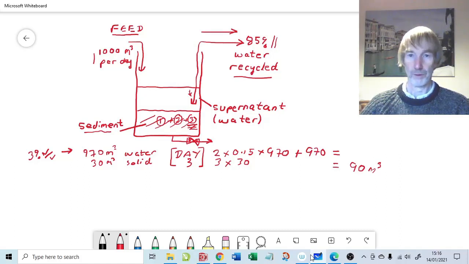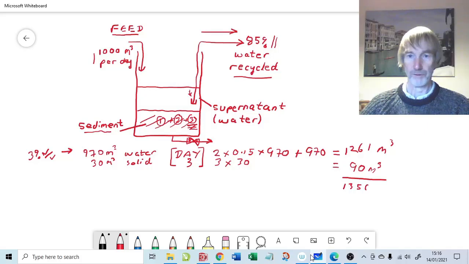I'll call it 1261. We'll drop the 1 later on though, I'm sure, because it's such a small amount. Okay, so the total volume we have that's present is that plus 90, which is 1351.